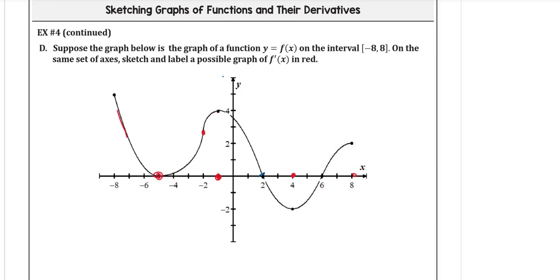Geez, I'm having real trouble drawing this. There, I like that better. Concave up here. So here my f prime is less than 0, just like it was here. And there is my minimum. I'm concave up. This is my inflection point.